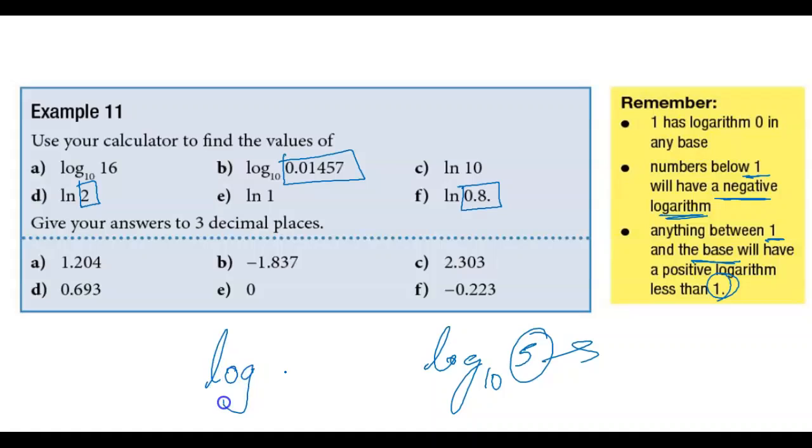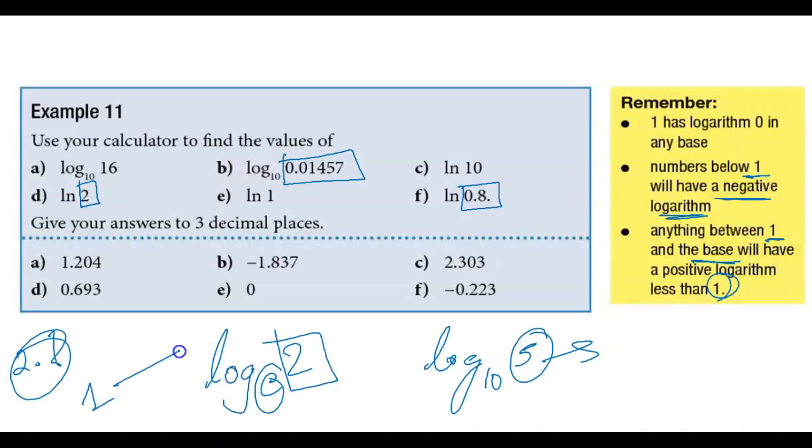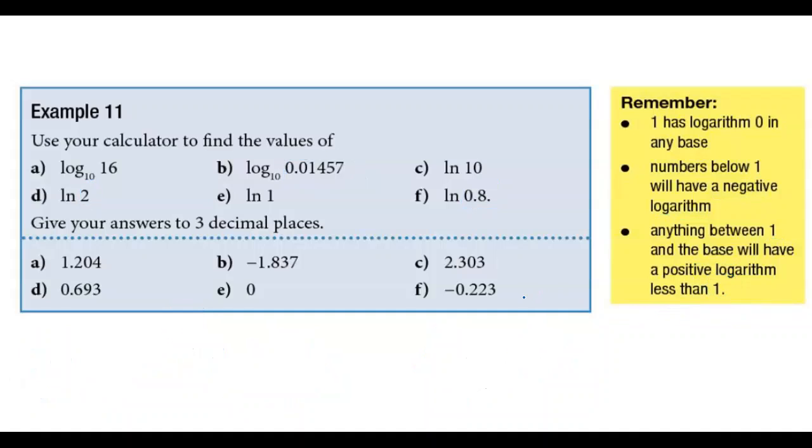That is log of 2 to the base e. The value of e is 2.7 something, right? And this 2 is between 1 and 2.7, that is e. So the value would be less than 1. It will be negative for values less than 1. Okay, children, keep this in your mind.